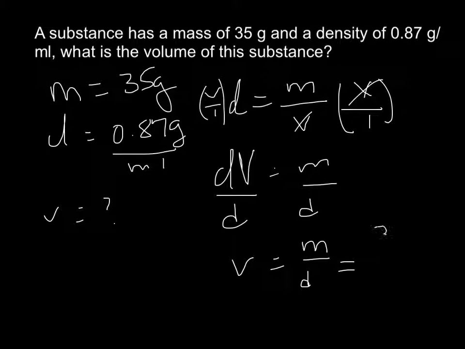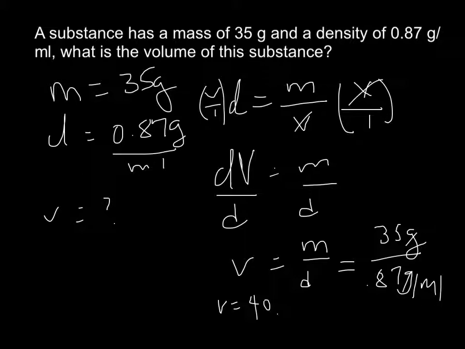So the mass is 35 grams. The density is 0.87 grams per milliliter. Grams are going to cancel. So 35 divided by 0.87 gives us 40.2 milliliters. And that is our volume.